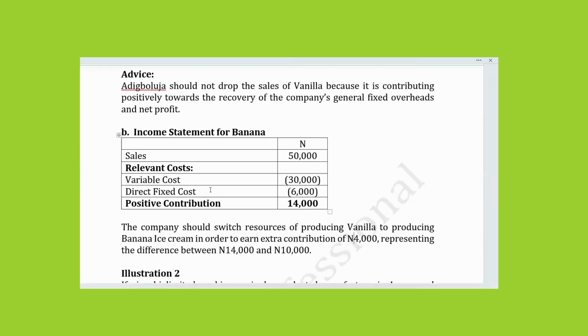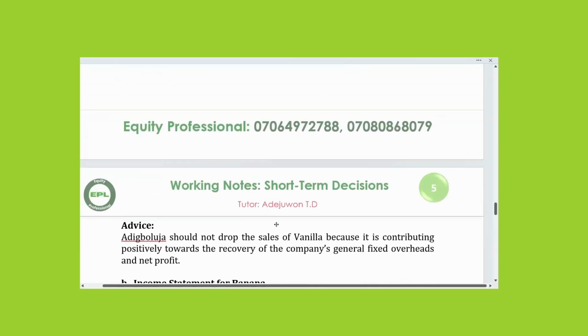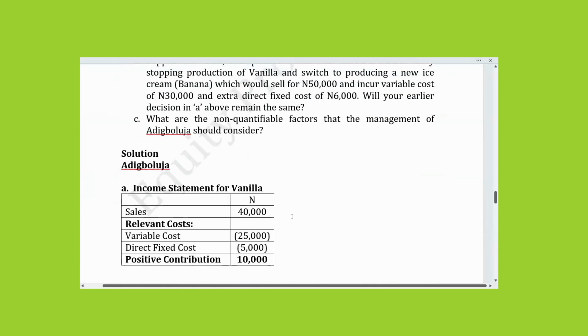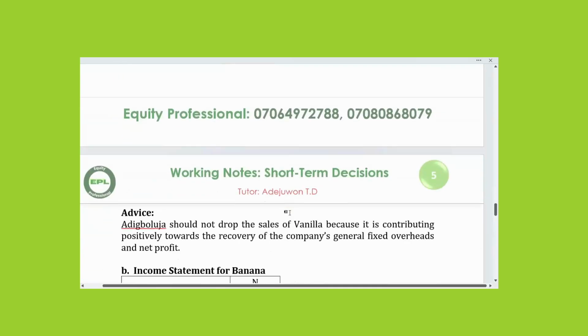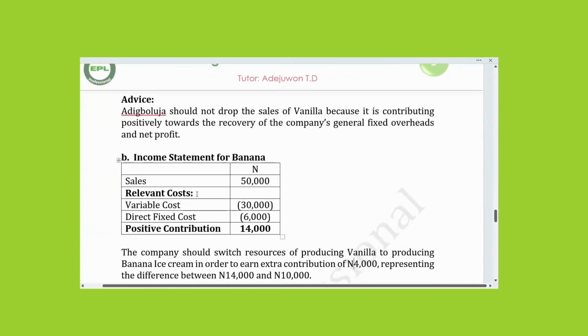If we look at it from the angle of what we discussed before we started this calculation, the non-quantitative aspect, are we not looking at it from that angle, that it will take some time for this banana segment to begin, for people to get familiar with the product, compared with vanilla? Are we not thinking in that direction?